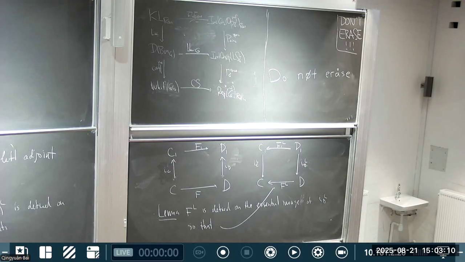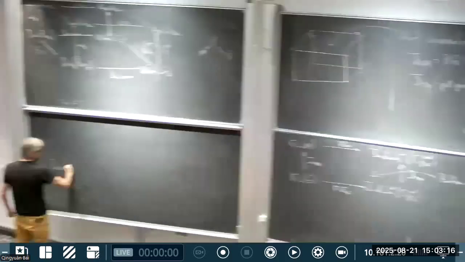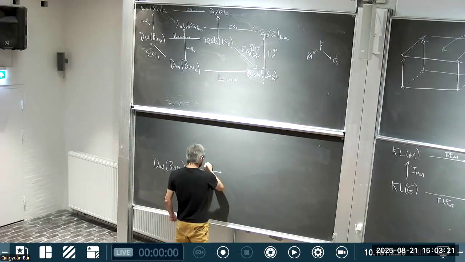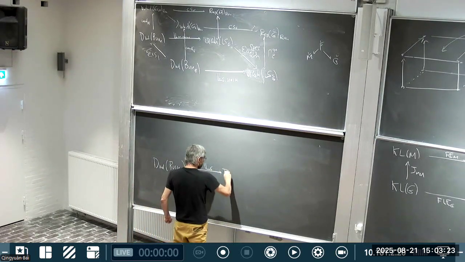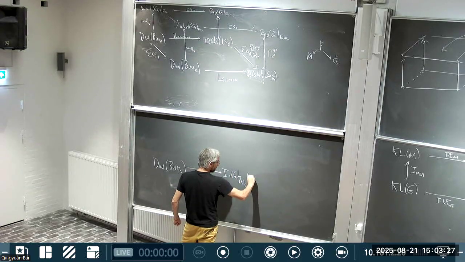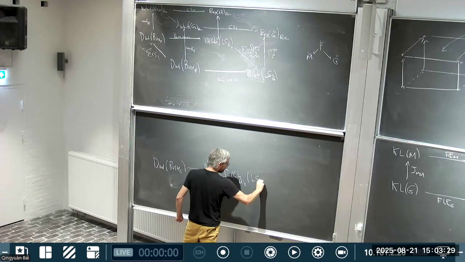So we'll apply this in two circumstances. One is here: D-mod on G, mapping by means of the Langlands functor to IndCoh with nilpotent singular support on the loop space of G check.